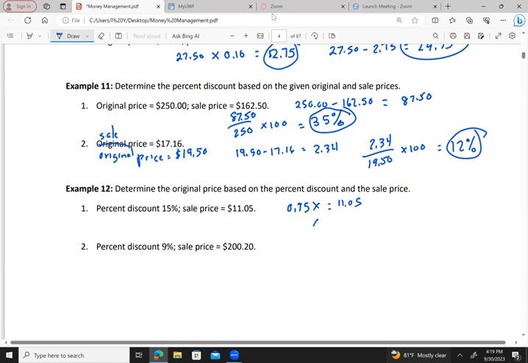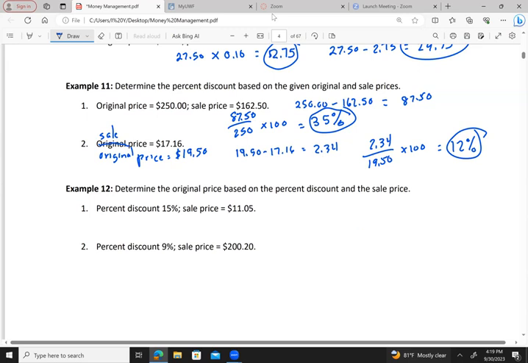And we need to just divide 11.05 over 0.15. Actually, that's not right, because we don't know the discount.